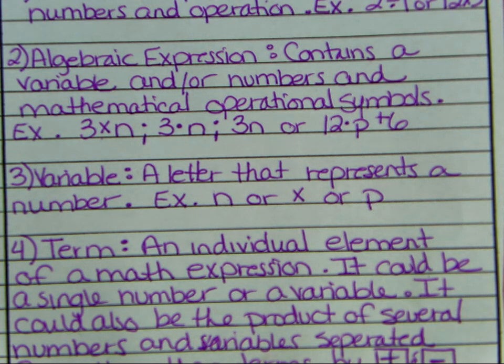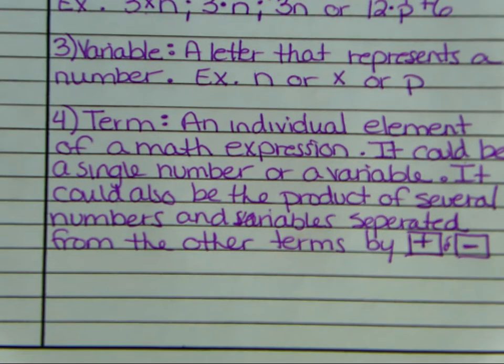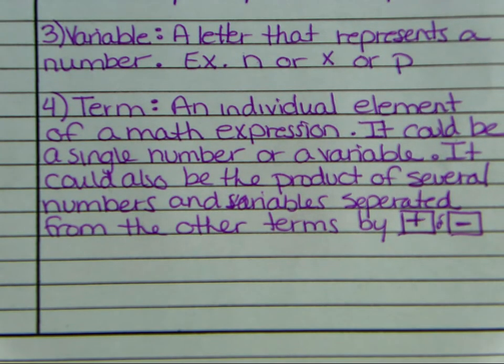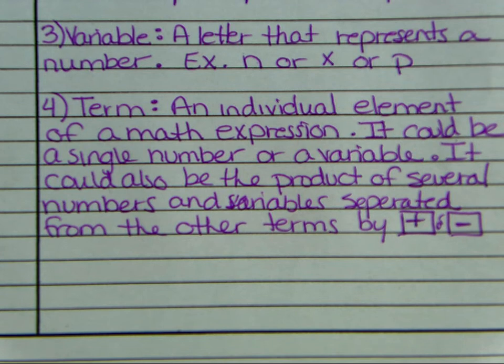Okay, so a term is an individual element of a math expression. It could be a single number or a variable. It could also be the product of several numbers and variables separated from the other terms by the plus or the minus sign.